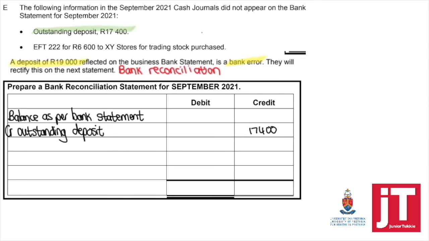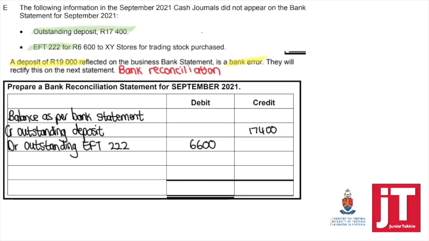On the credit side, I'm going to show outstanding deposit 17,400. Was there any outstanding EFTs? Yes, EFT 222 for 6,600 to XY Stores for trading stock purchase. I don't care when completing the bank reconciliation statement for what reason. I only care it is outstanding, on the debit side, 6,600.